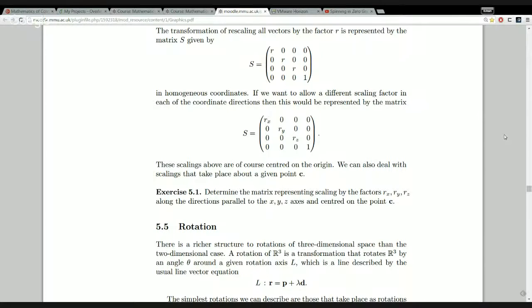So the last operation is to translate by C. So supposing C has coordinates C1, C2 and C3, that's the translation matrix, translating by C. We want to multiply that by scaling by a half, which is the diagonal matrix, a half, a half, a half, and 1. It's homogeneous coordinates.